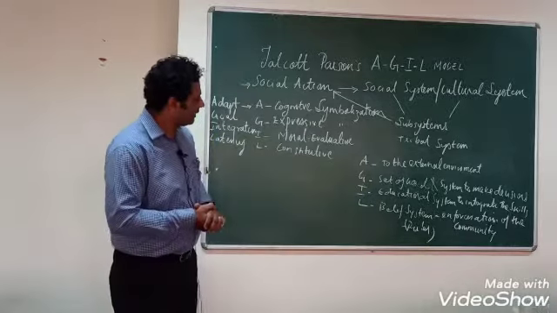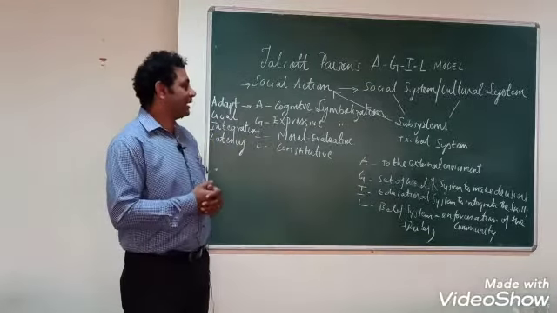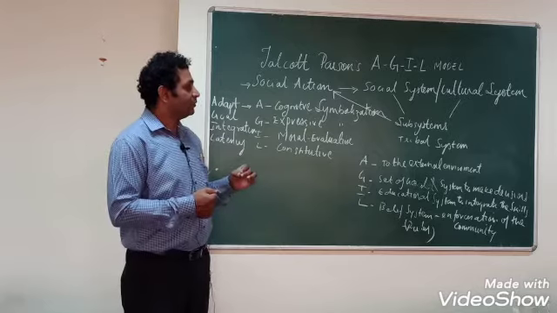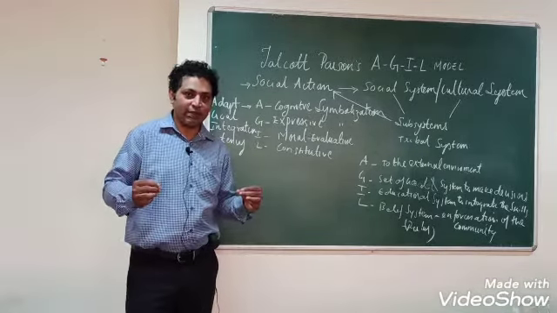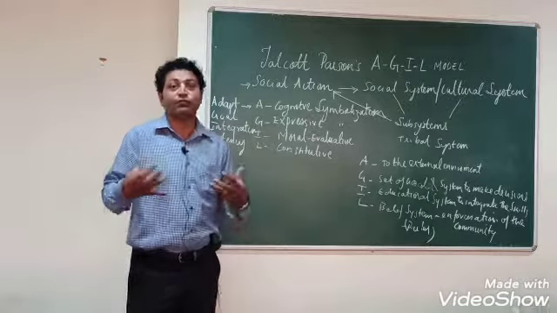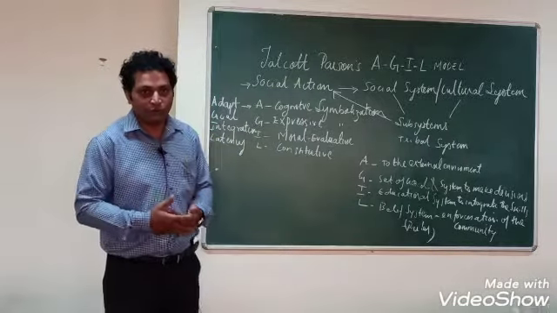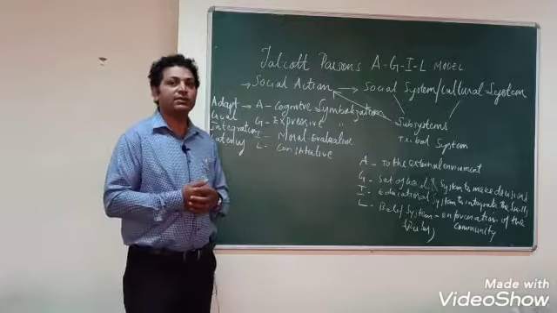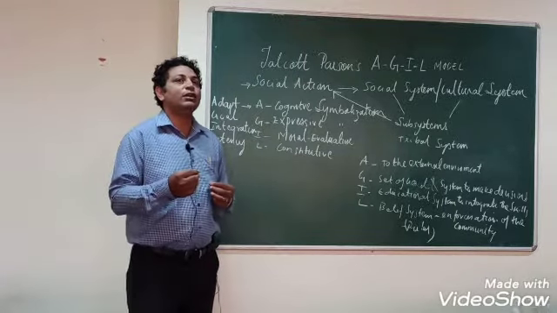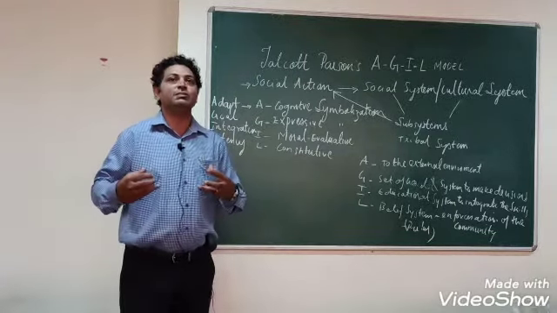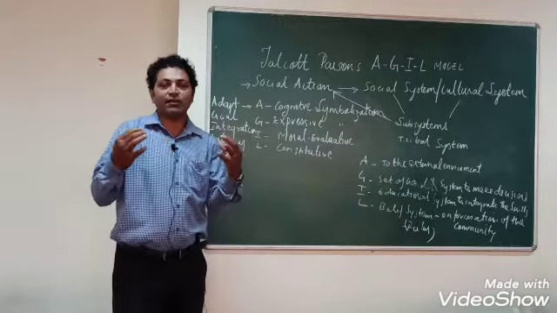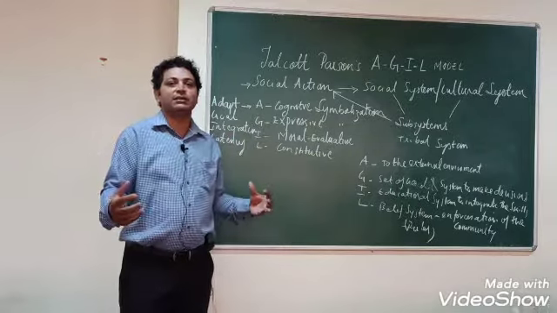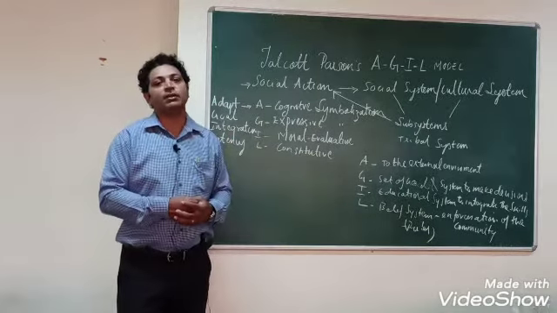A means adaptation. When we talk about a tribal system, here I would take you to the example of hunters and food gatherers. The whole system of hunting and food gathering is basic to their very survival.